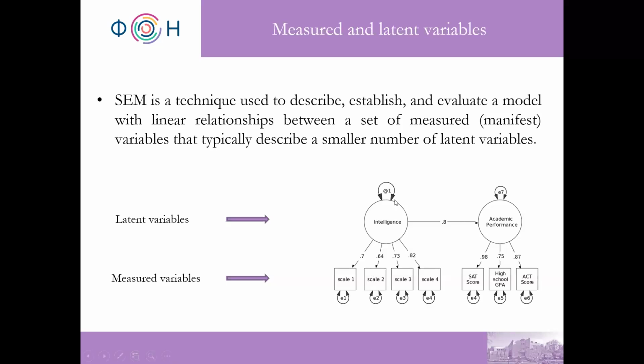As you can see, latent variables are marked with circles. In this SEM model, we have 2 latent variables, intelligence and academic performance. We know intelligence is created as a linear combination of scales 1 to 4. The second latent variable, academic performance, is made as a linear combination of SAT score, high school GPA, and ACT score.